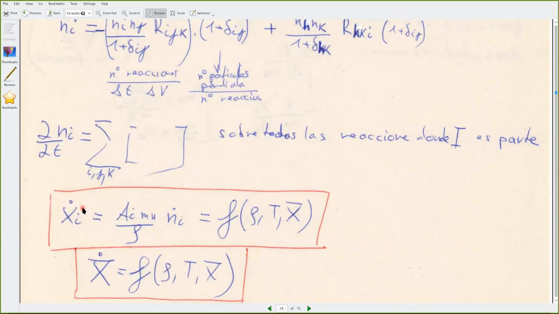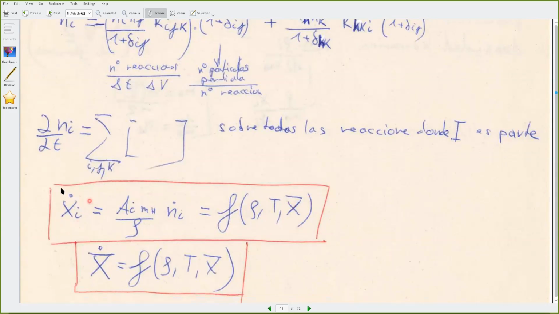In the case of hydrogen, for example, in the sun, it's like 70%. This can be a function of density, temperature, and the overall composition. This is the variation in time that depends on several factors, mainly the nuclear reactions.